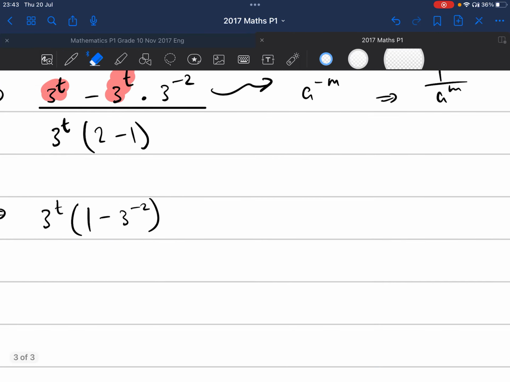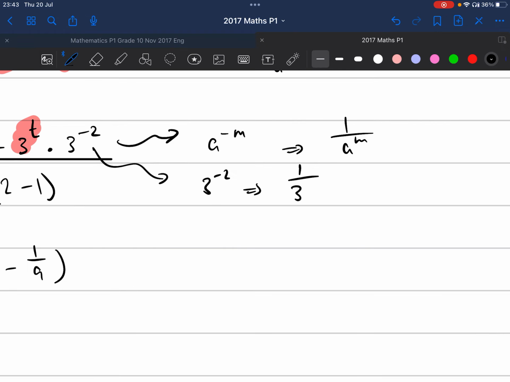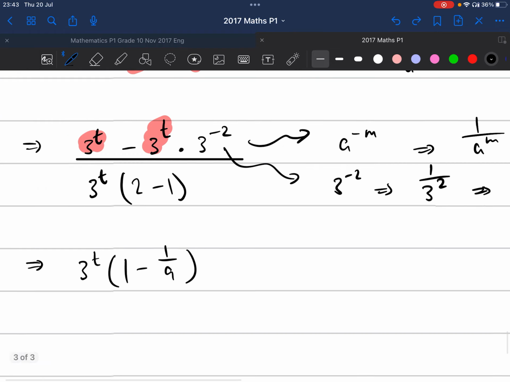Okay, so for here, I can rewrite this as 1 over 3 squared, right? Because we're taking away that negative sign. And 3 squared is the same as 9. Okay, so just to clarify, I took 3 to the minus 2. I made it 1 over 3 squared. And then that's the same as saying 1 over 9, because 3 squared is 9.